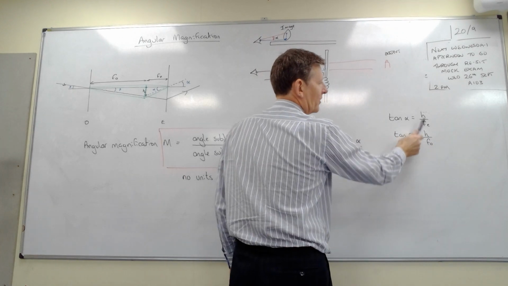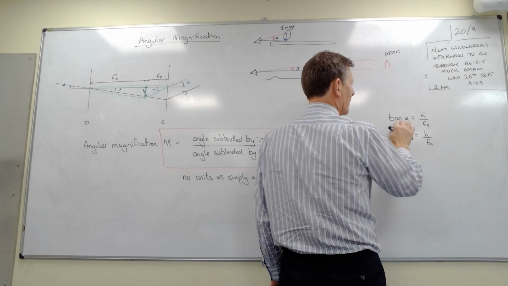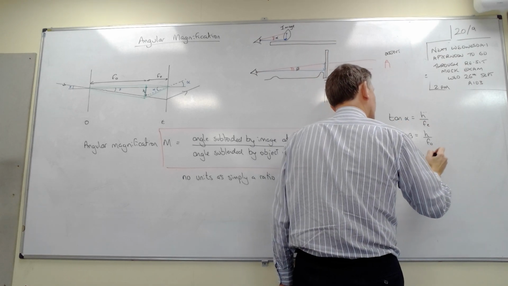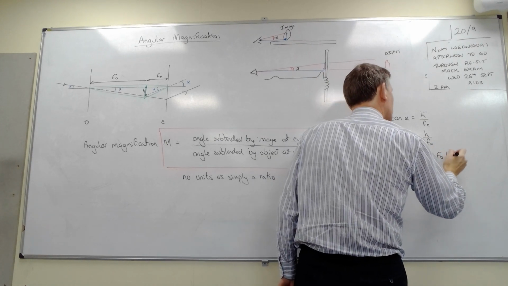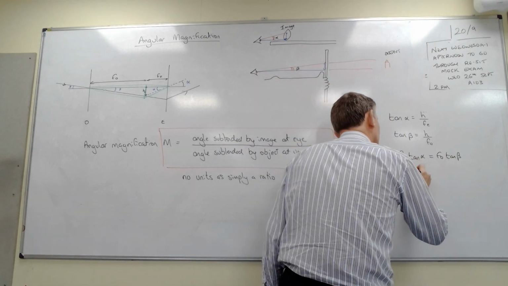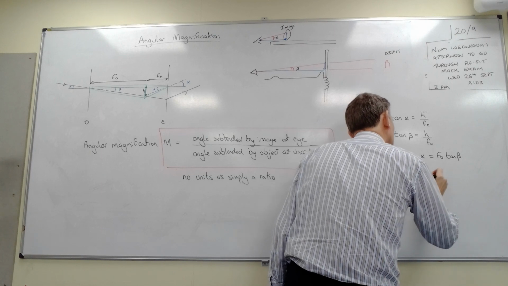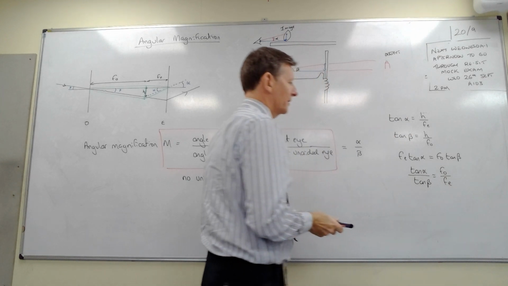So because the image height is the same in both cases, I can say that FE tan alpha, bring that across, will be F naught tan beta, so that tan alpha over tan beta is F naught over FE.